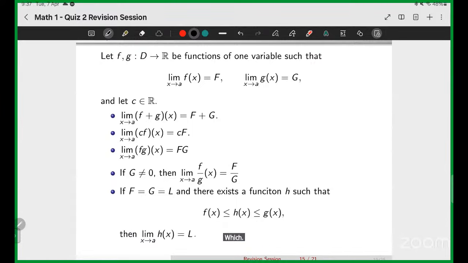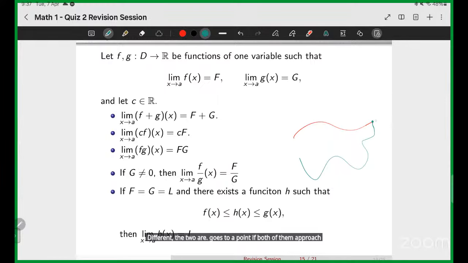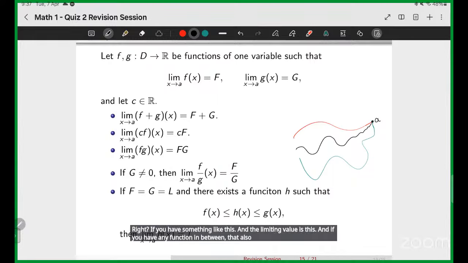If you think about it graphically, no matter how different the two functions are, close to a point, if both of them approach the same thing, then any function in between also has to approach that same value.